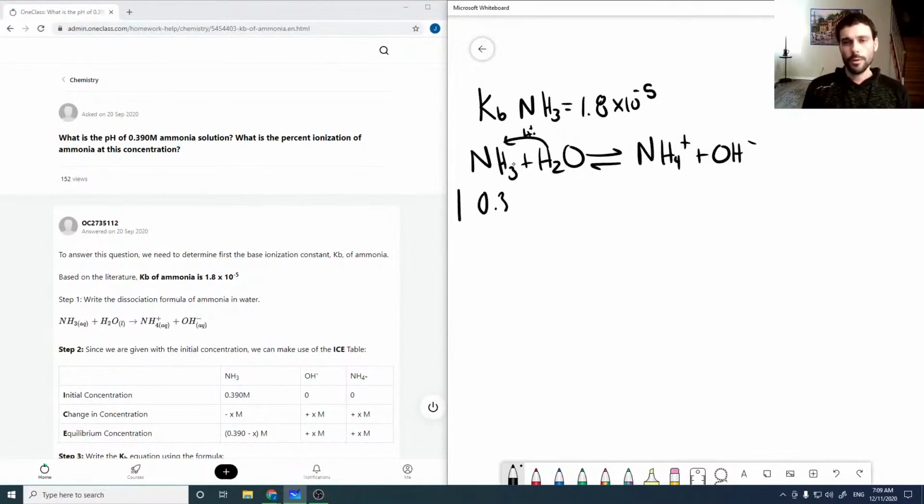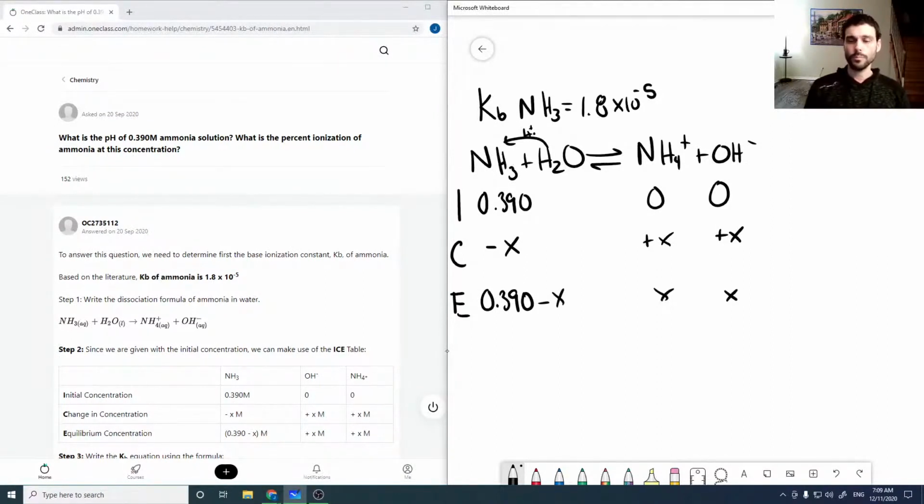So we have 0.390 and nothing of these initially. Our change is going to be minus x, plus x, plus x, and that's just because we're in a 1:1:1 mole ratio. And so at equilibrium, we're going to have 0.390 minus x, x, and x.